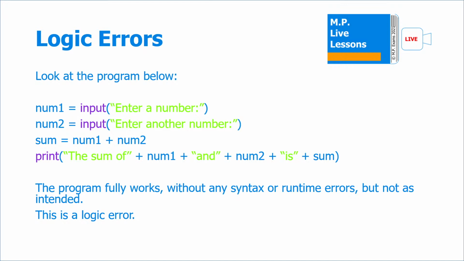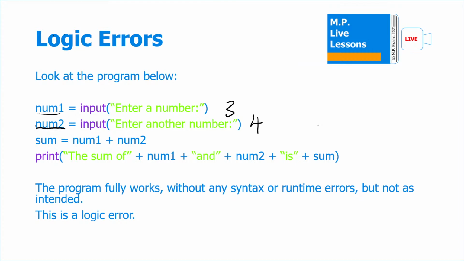Let's say the user follows along and will be asked to enter a number first. Let's say we enter 3, and that's stored in this variable, num1. We're asked again to enter another number, let's say 4, and that's stored in this right here.